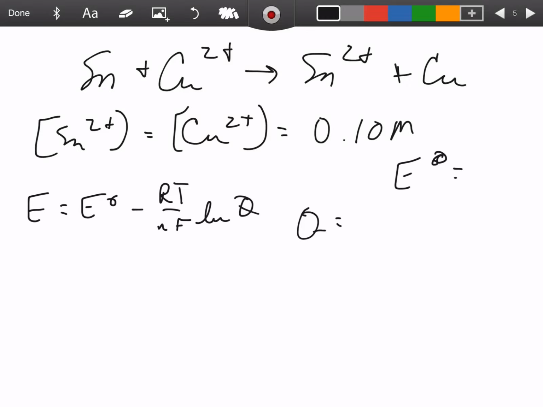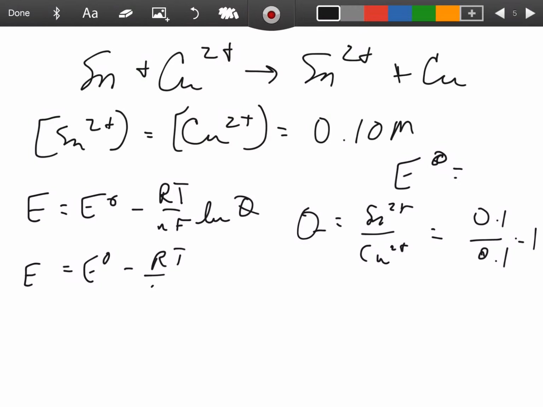So if Q is equal to the tin 2 plus concentration divided by the copper 2 plus concentration, that's equal to 0.1 divided by 0.1, which is equal to 1, and the natural log of 1 is equal to 0. So in that case, E equals E0 minus RT over NF times 0. And so now we find that E does equal E0.